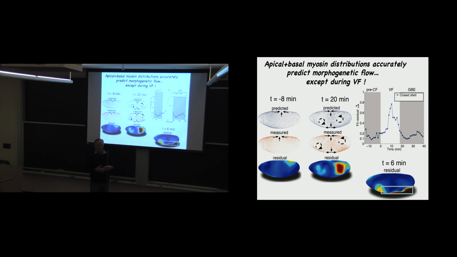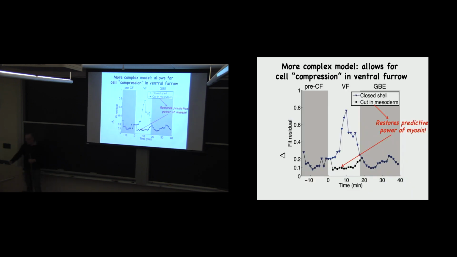If you generalize the model, of course at the expense of more parameters, and allow cells to disappear inside, you can see here the errors piled up on the ventral surface. You can fix the problem and so recover.